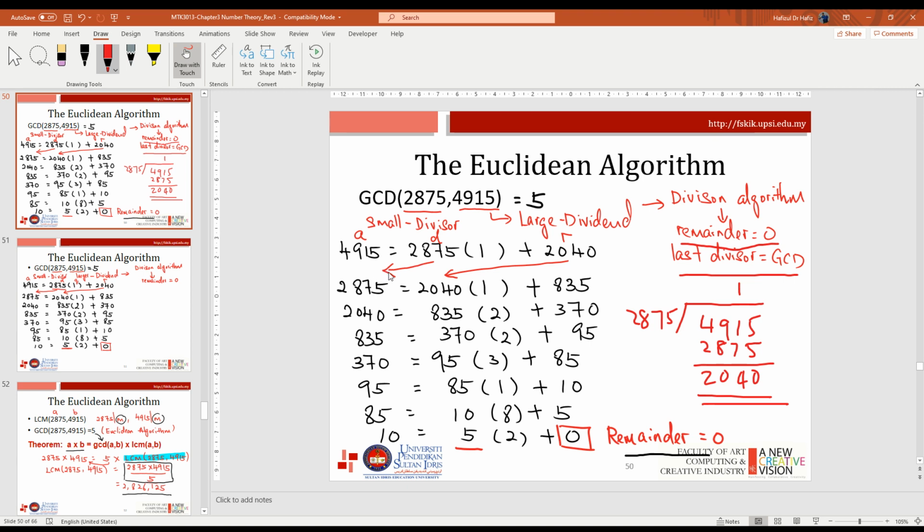We go on until the remainder is 0, and then the last divisor is the GCD.